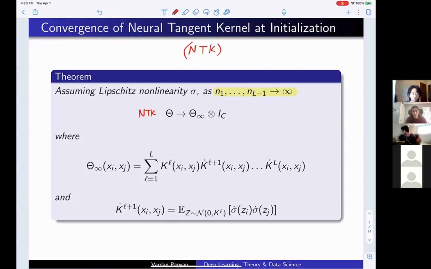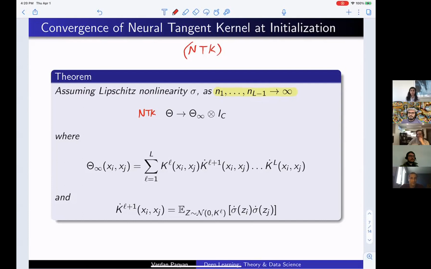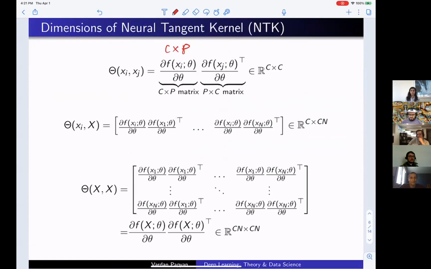So the NTK is a matrix of size number of examples in the data set times number of examples in the data set. But okay, let me show you again. If you look at the definition of the NTK in the previous slides, notice that the NTK matrix is a matrix of size Cn times Cn. So n is equal to the sample size, how many examples you have in the data set, and C is equal to the number of classes.